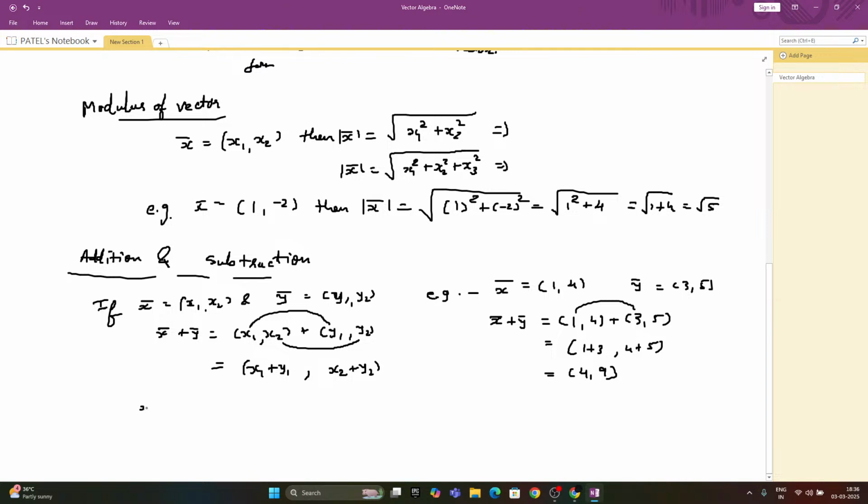For subtraction, it is the same; we just have to change the sign. So it is x1 minus y1 comma x2 minus y2.